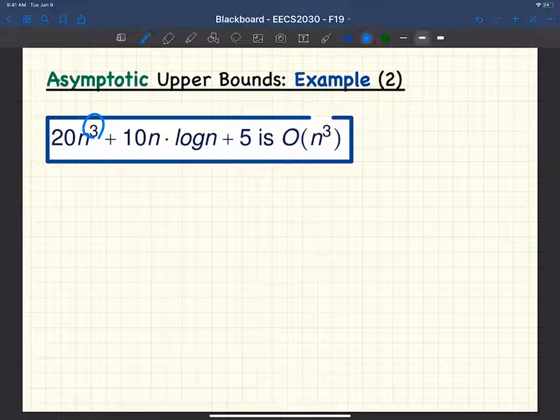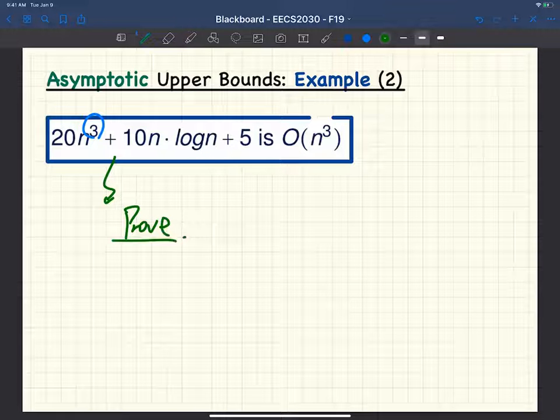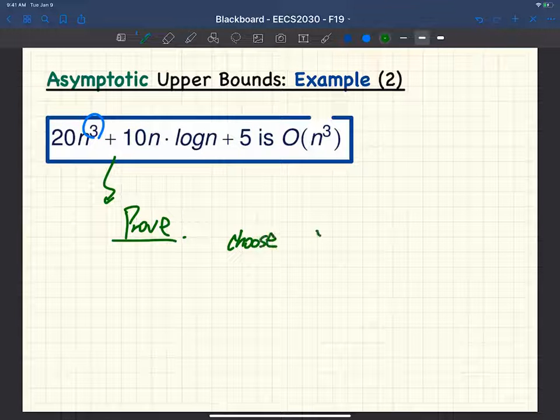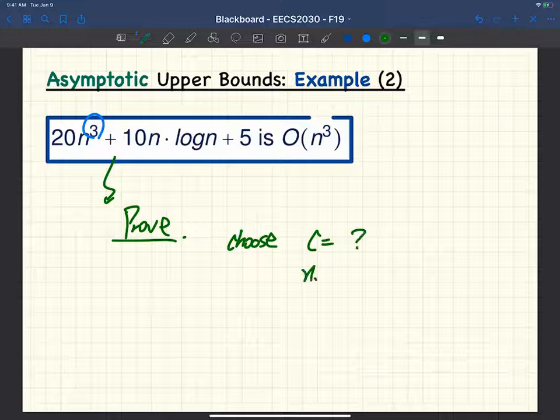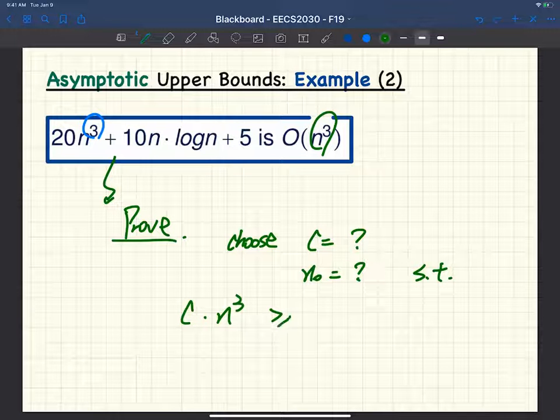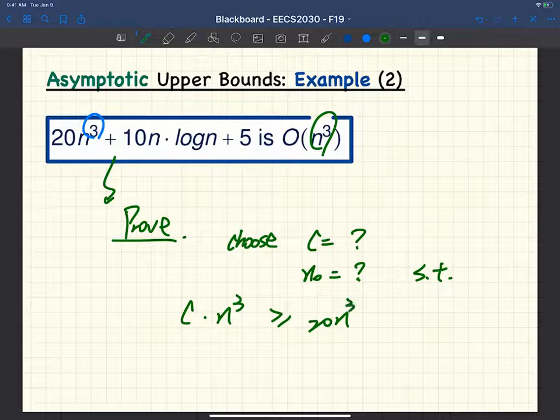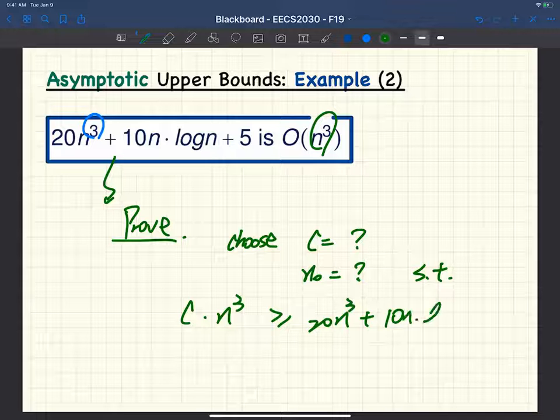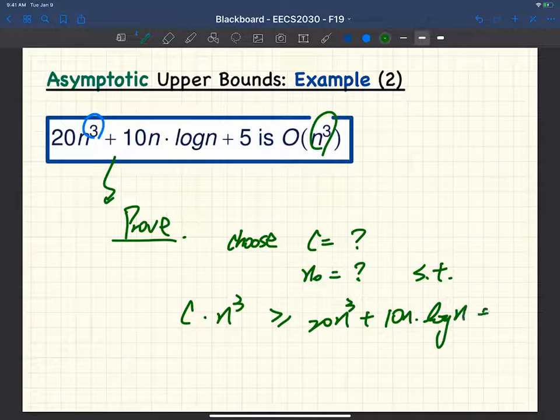I'll start you off. Again, you want to be very natural about doing this. Proof. You want to choose C to be something, n0 to be something, presumably 1, but it may not be the case. And then you're going to say such that C multiplied by n cubed is larger than or equal to 20n cubed plus 10n log n plus 5.